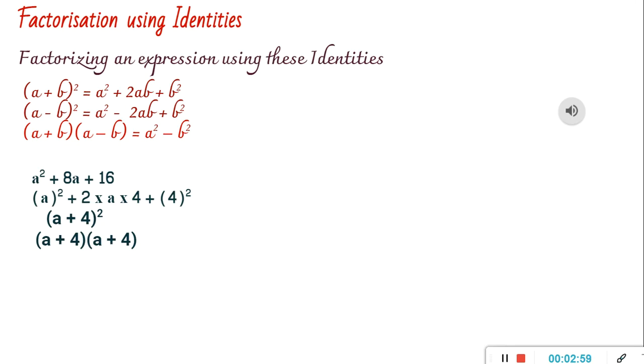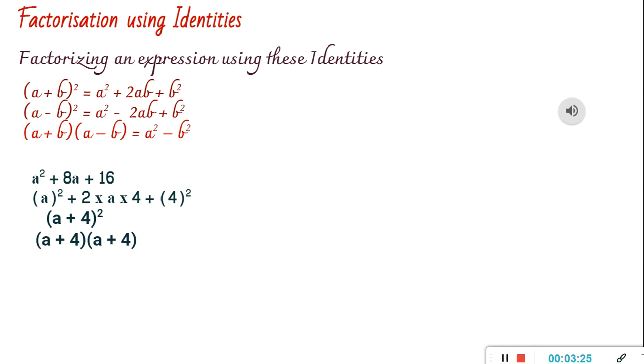Now the only thing here is how would you know that this particular expression will fit into this particular identity? There are certain tricks to identify that. For example, whenever you are given an expression, when you see that there are a total of 3 terms, and out of those 3 terms, 2 terms are perfect squares.